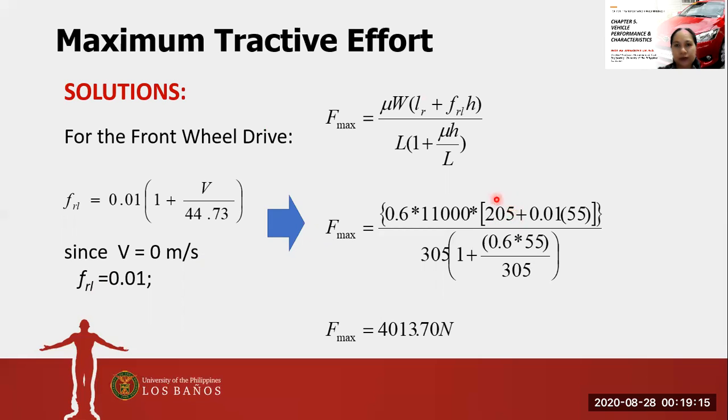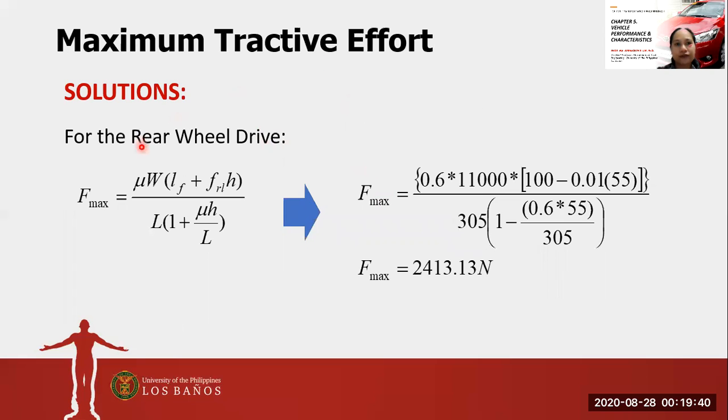We substitute: this is the LR, this is the f, this is the H, and this is the wheelbase L. Substituting the others and calculating, the maximum tractive effort is more than 4,000 newtons. So that's for the front wheel drive.